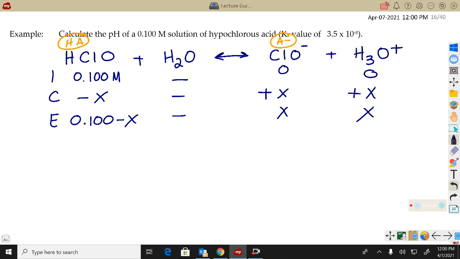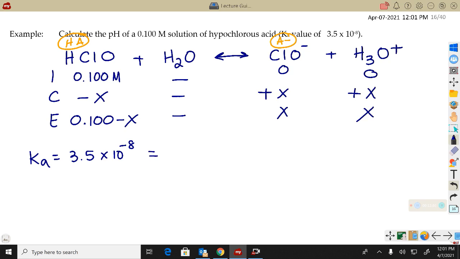In fact, you might get so good at this that after you practice a few, you'll say, these all look really similar, I might not even need an ice table. I do need a K value though. My Ka is 3.5 times 10 to the negative 8. That's tiny. My acid dissociation constant.